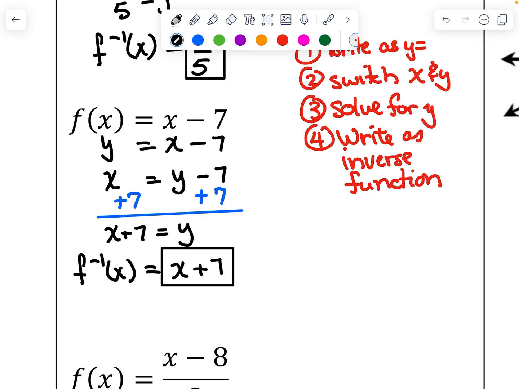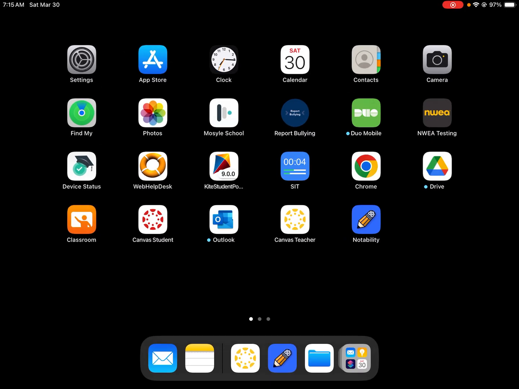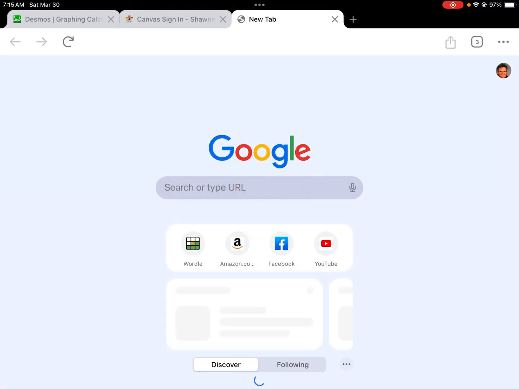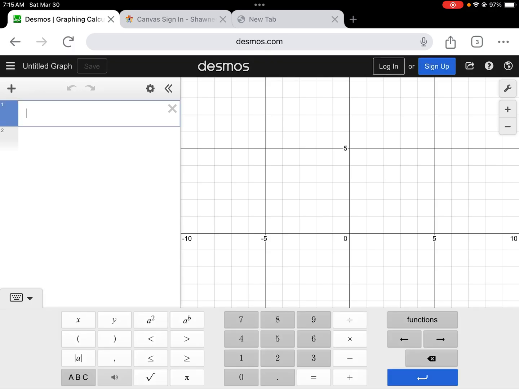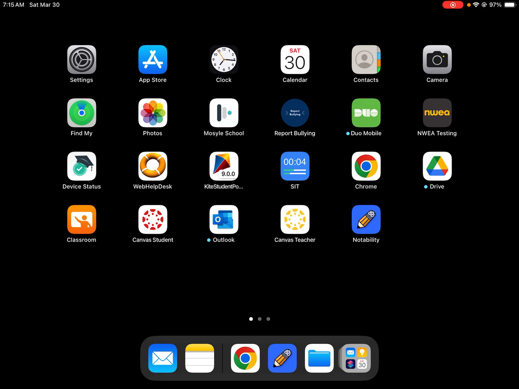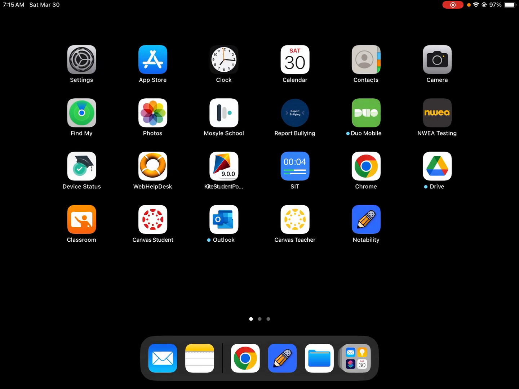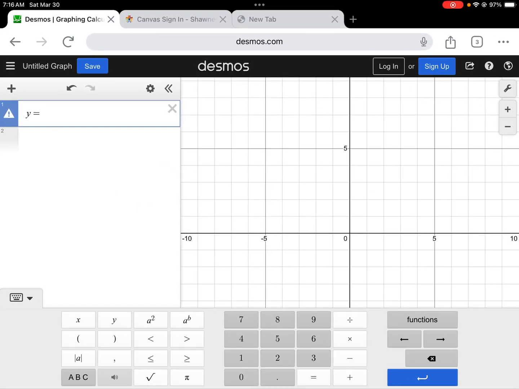Okay. And if you want to see if that's true, let's see if we can do it quickly. You could go to Desmos. And in Desmos, we could put the original question, which was y equals x minus 7.